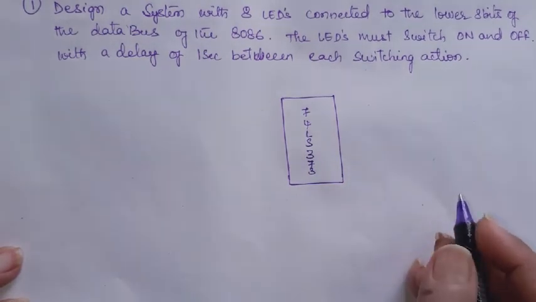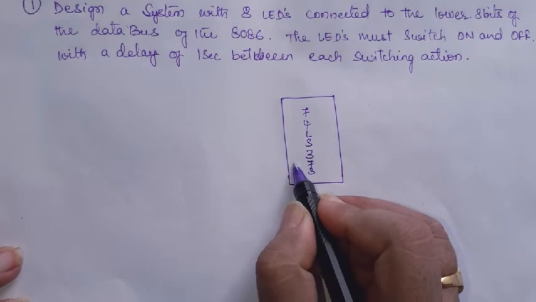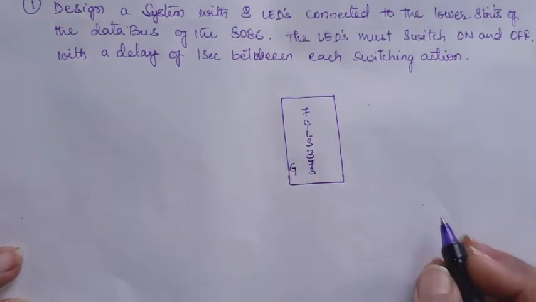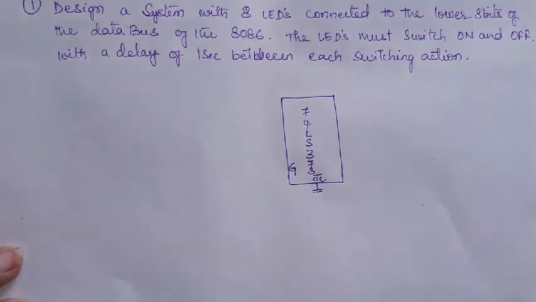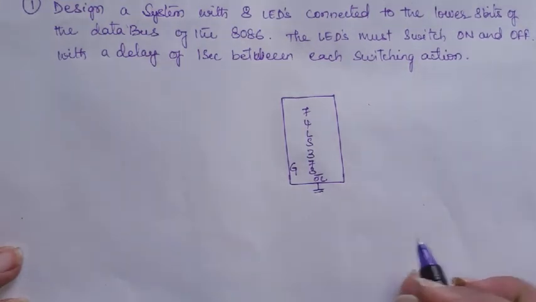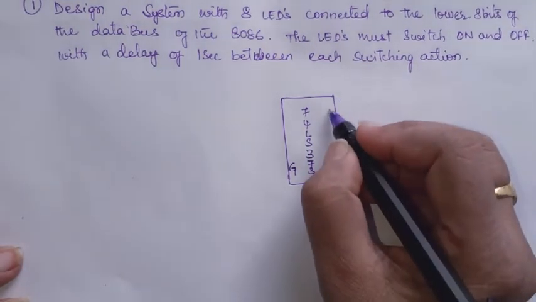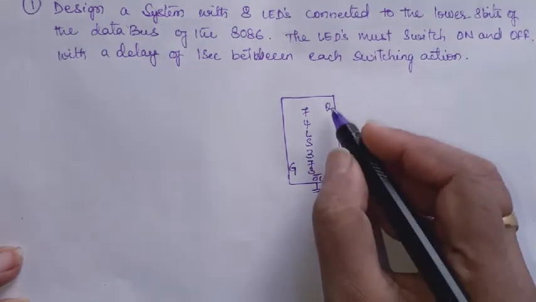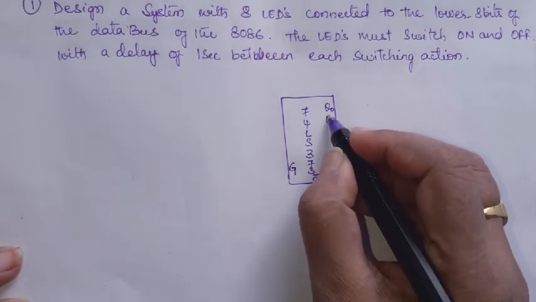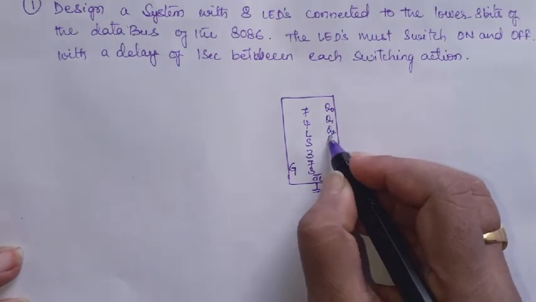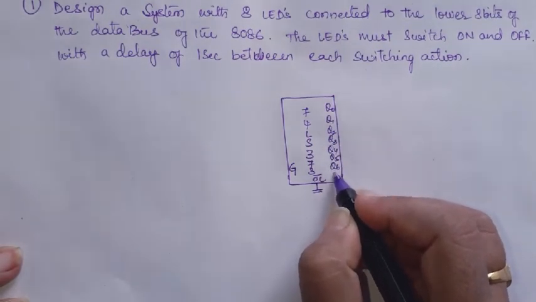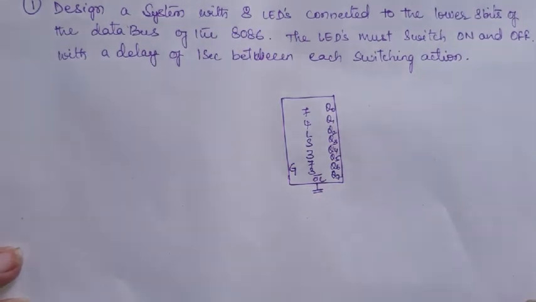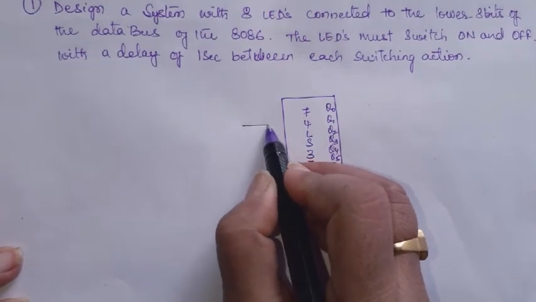This is the latch used, which has got one active high enable input, and it will have outputs Q0 to Q7.